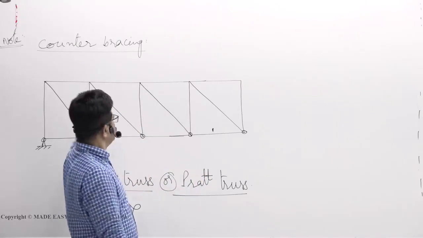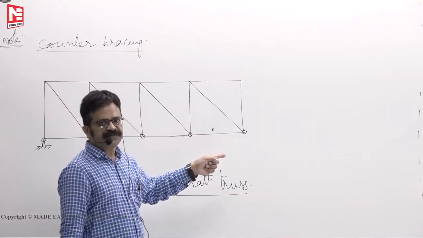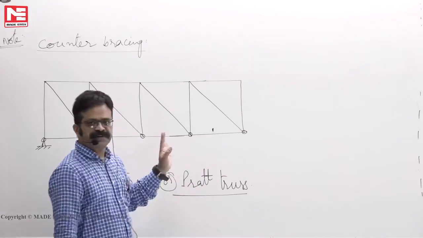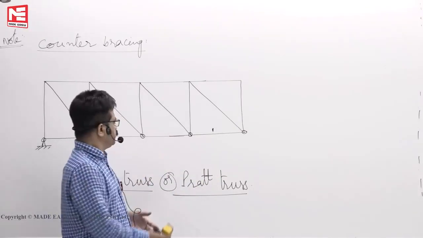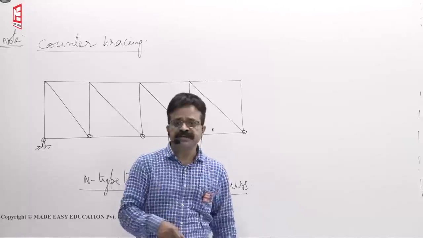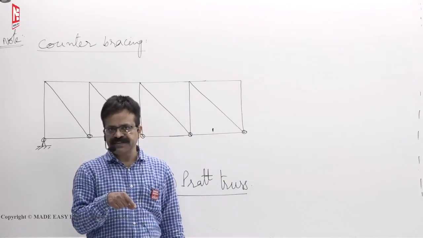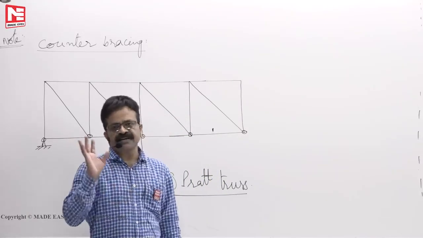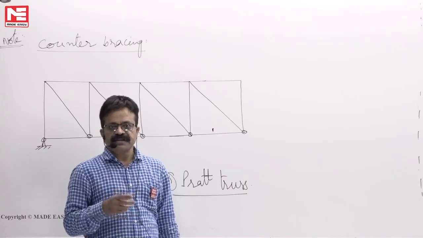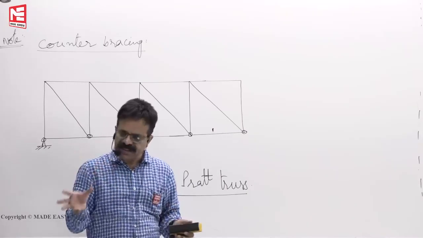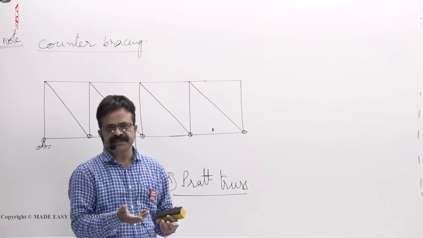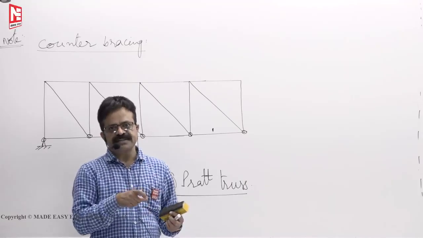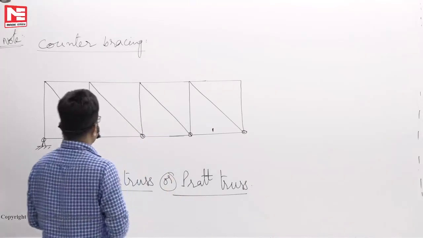First he tried with the N-type configuration. After that, Warren came. He tried with the triangle configuration. So those trusses are called Warren trusses. Those were the days when they first experimented with link structures.